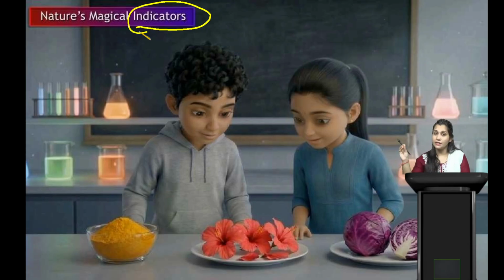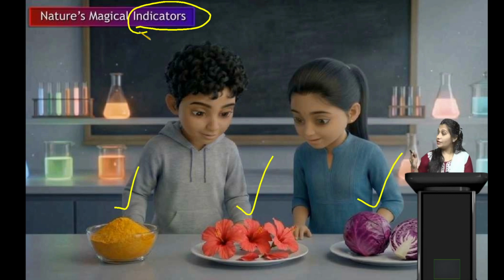Indicators change color in acidic substances and basic substances, and through their color change we can identify that this substance is an acid and this substance is a base. Okay, and these are nature's magical indicators, because they are substances which we get from nature.